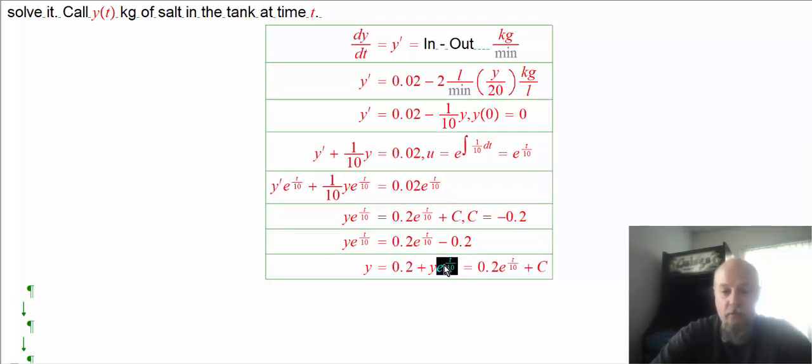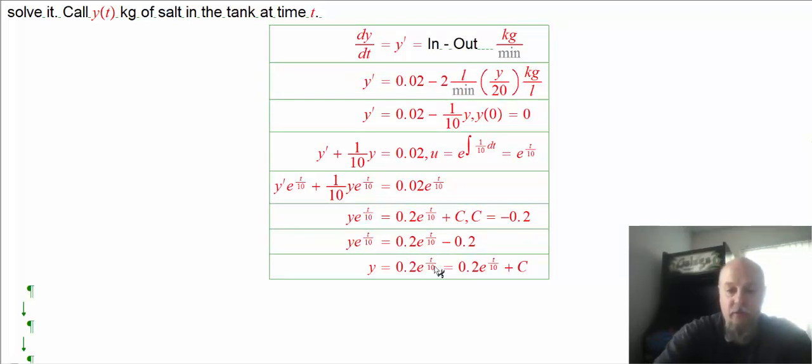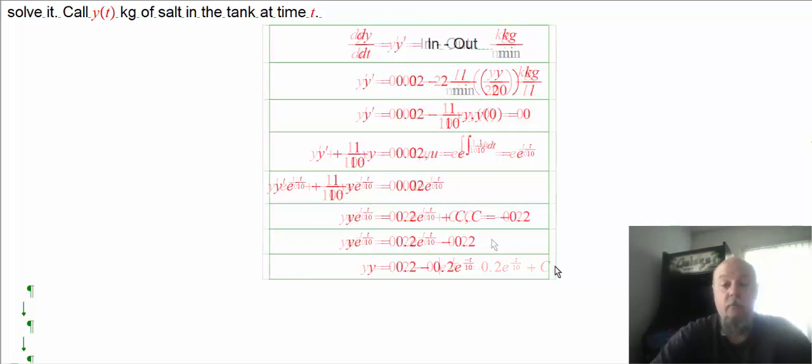To get the explicit solution, all I'm doing is taking the implicit solution and multiplying everything by e to the minus t over 10. There's my explicit solution. That's how much salt is in the tank at time t.